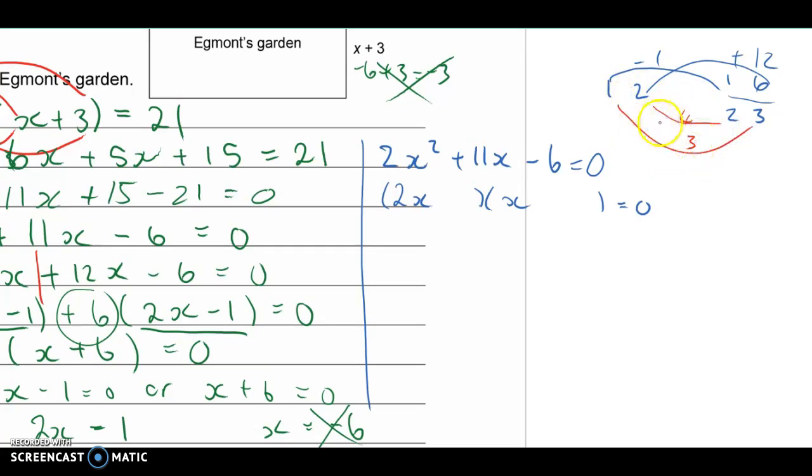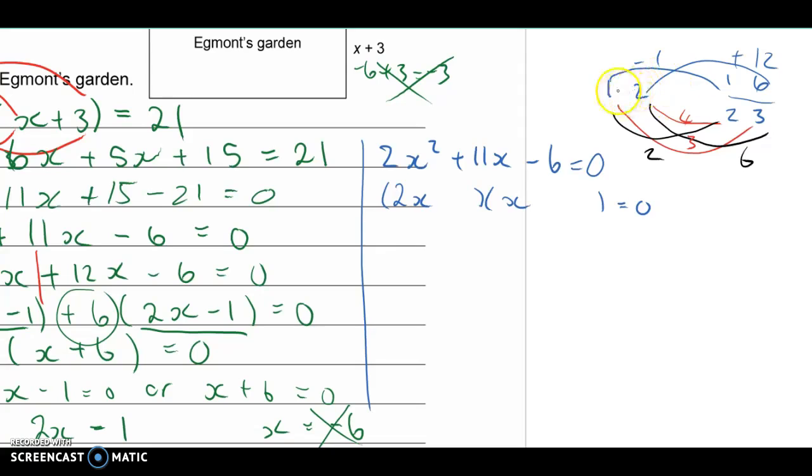So that's too small, and 2 times 3 gives me 6, and 1 times 2 gives me 2. So none of those, if I times them, can add or subtract to give me 11. So it's going to have to be that first one that I just happened to choose, which was very handy.